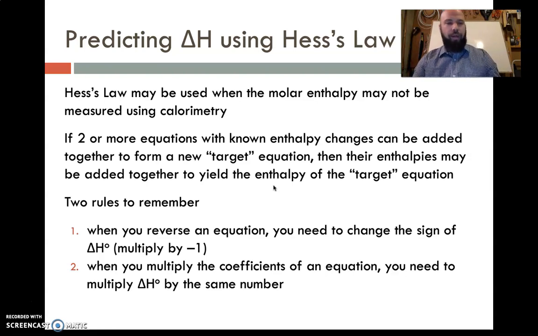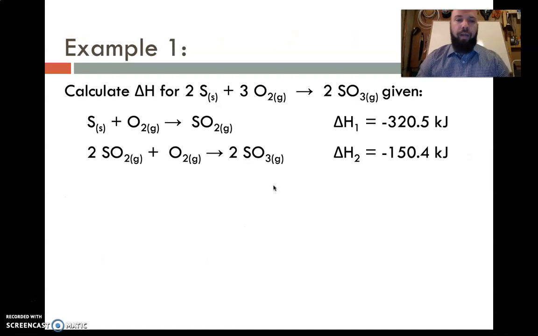So we'll go through an example here. Here we have elemental sulfur combining with diatomic oxygen to create sulfur trioxide. This first equation here is our target equation. The other 2 equations are our known values.